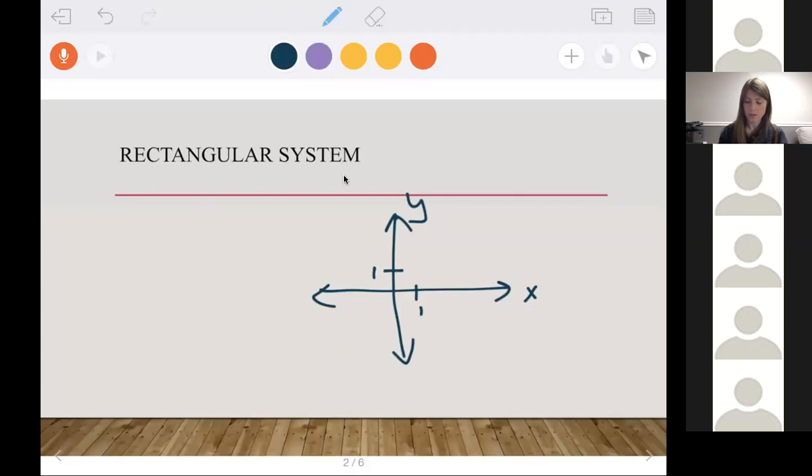Let's say we take the point (2, 2). Okay, so (2, 2) is a point, and that point has a certain distance from the origin. I'm going to just highlight that in red. If you think about that particular point being on a circle, you can imagine that circle, right?